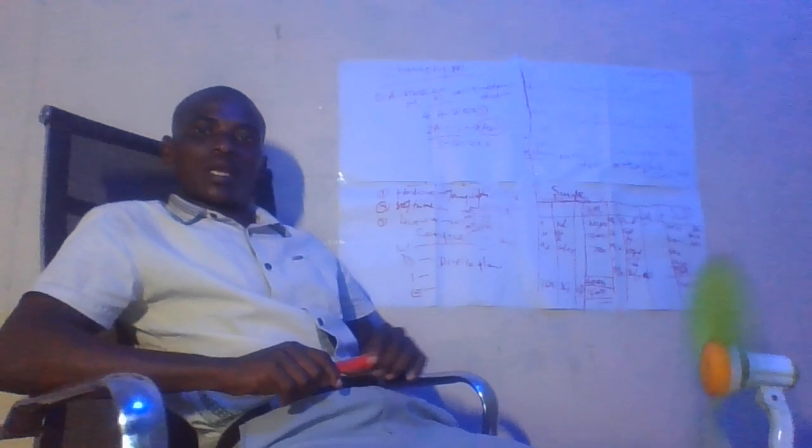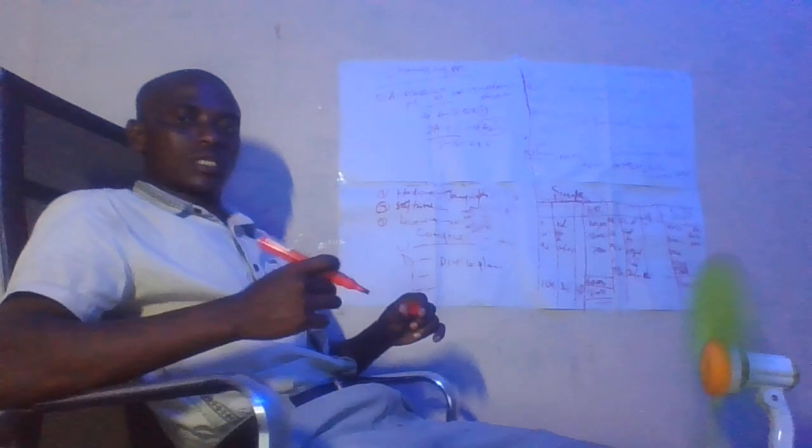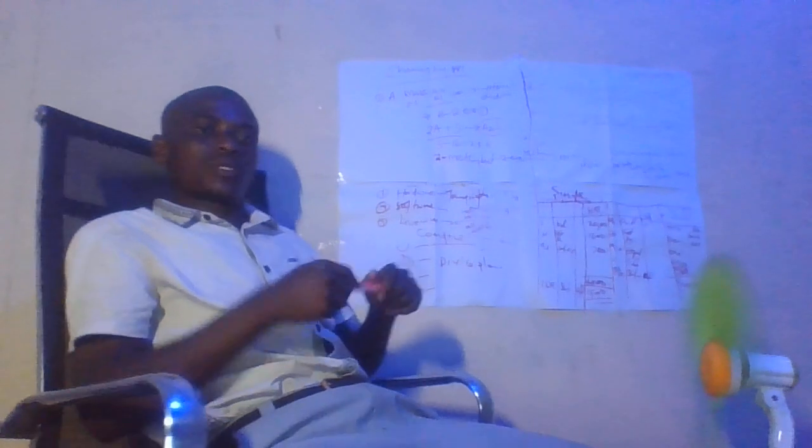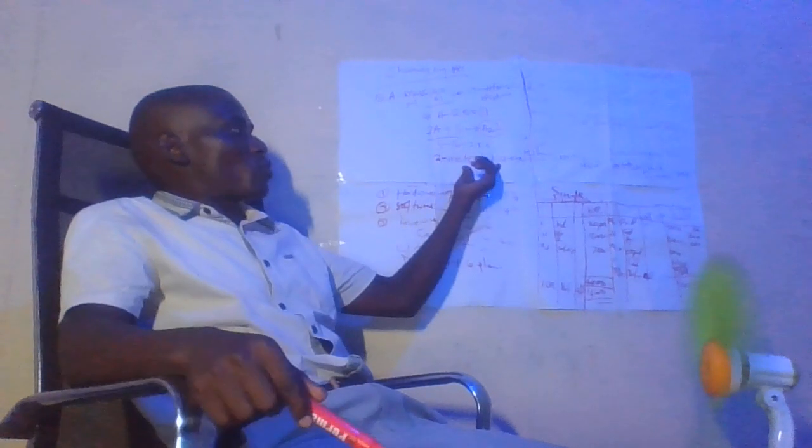Draw the structural formula of 2-methylbutene. So methyl is a methyl group.